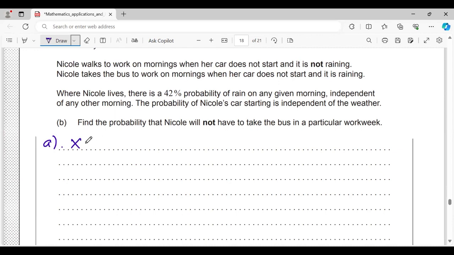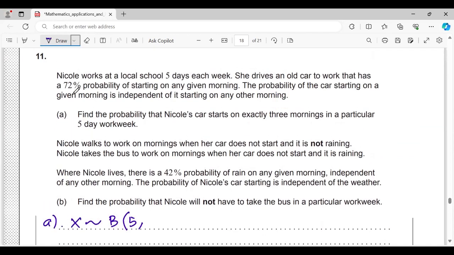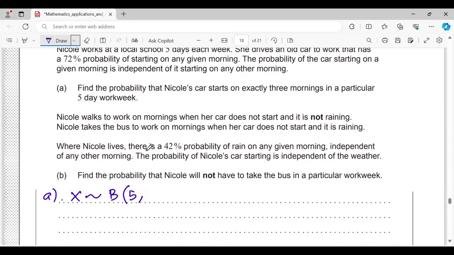A random variable X is distributed binomially where there are 5 trials, the 5-day week, and the probability is 72%. 72% divided by 100 is 0.72.